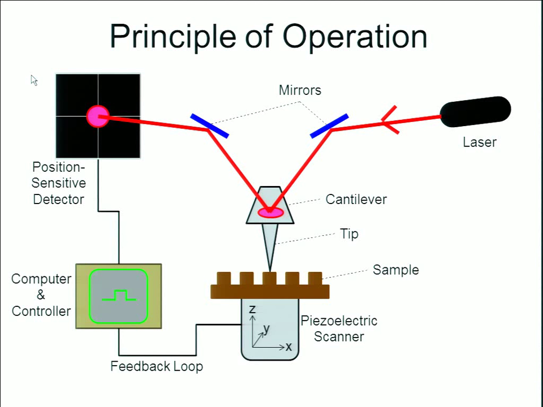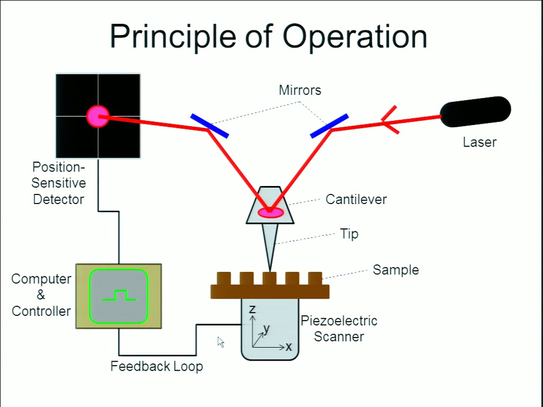We go back and take a quick look at our principle of operation just to remind everyone. We have our laser, our mirrors, our cantilever, our position sensitive detector, our computer and controller, incorporating that detected information, the error signal, using the feedback loop to determine what appropriate voltage to send to our piezoelectric, and then that piezoelectric will be moved the corresponding distance in the z direction.